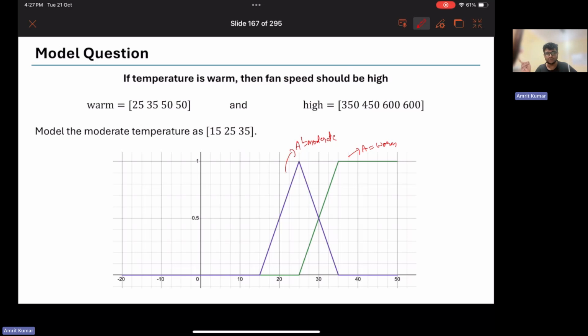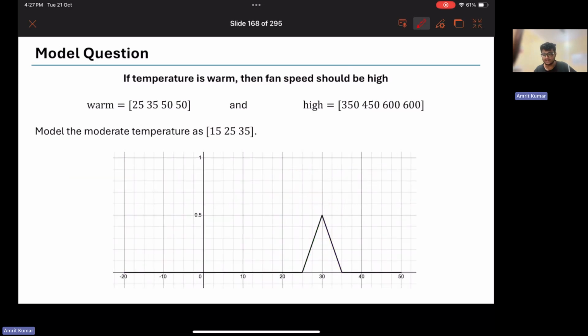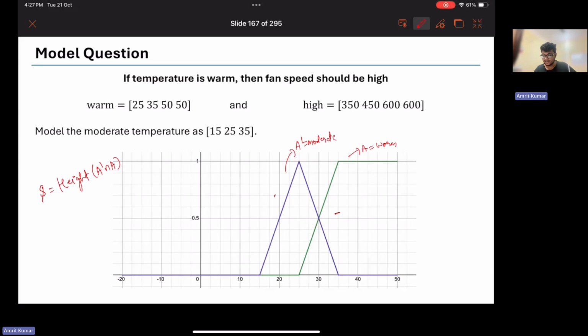So we will first compute the similarity value S. And how is that computed? It's nothing but the height of A dash intersection A, where intersection means standard fuzzy intersection, or intersection based on minimum T norm. So if these are our two fuzzy sets, A dash and A, what will be their standard fuzzy intersection? It will be this, right? So simply take the minimum of these two graphs.